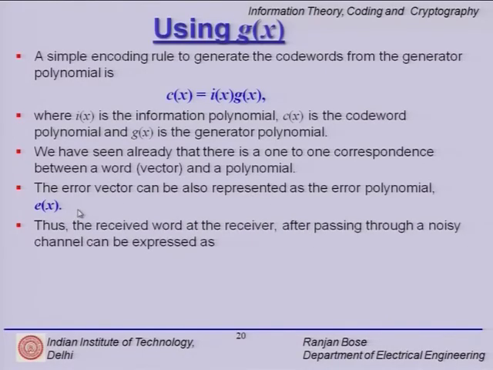So, when we send our valid code word through an error prone channel, we sometimes receive a received vector which is not the same as c of x. In fact, we receive v of x as c of x plus an error vector e of x. So, any sequence of bits which can be represented as an error sequence can also be represented as an error polynomial.